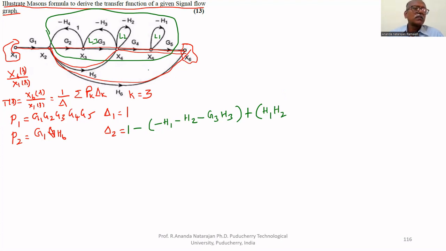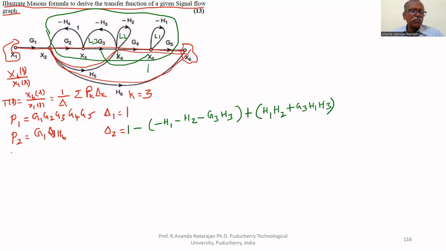Then this and this are not touching each other, therefore G3 H1 H3. These two are touching each other, and this and this are not touching each other. So that's all about delta 2.